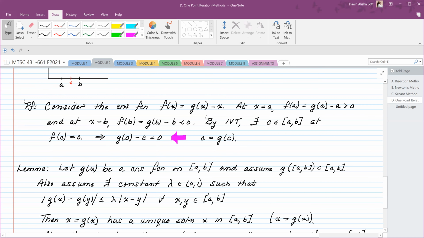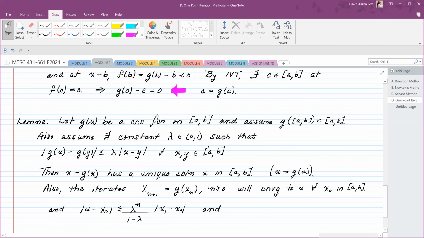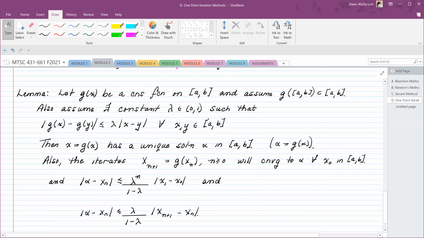That's first, as long as g of x is a continuous function, and there is a lambda between 0 and 1 such that g satisfies that equation. So if g satisfies this equation, then g is continuous on the closed interval [a, b].